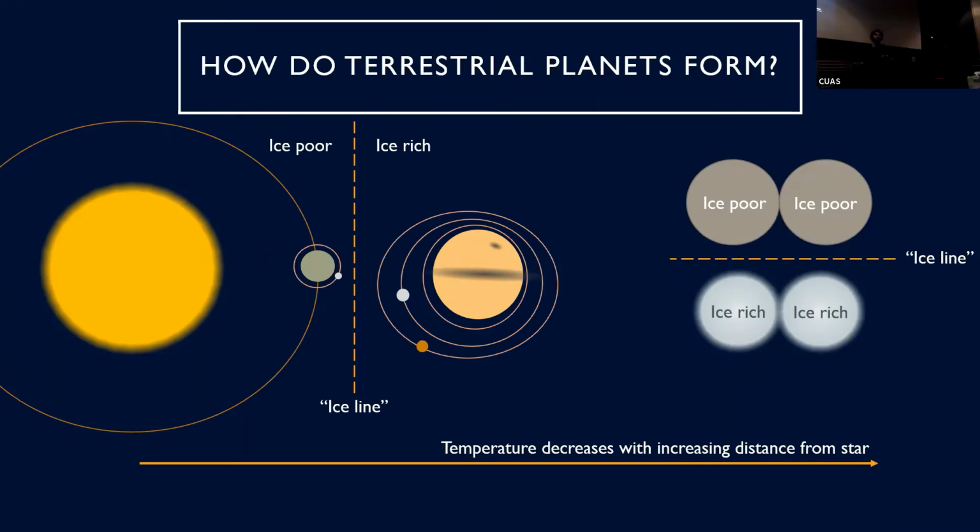It's too hot. So broadly speaking, the only ice and water you're going to find within this region is in a gaseous form, so it doesn't stick together. Out here, however, in an ice-rich region, things have a higher water content.